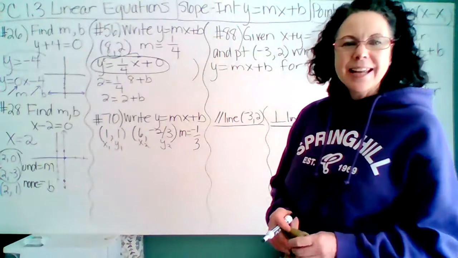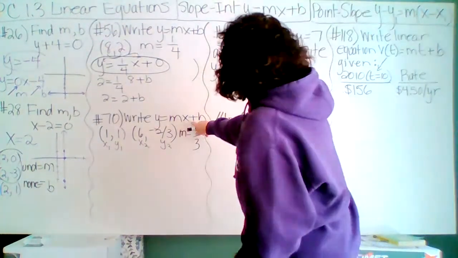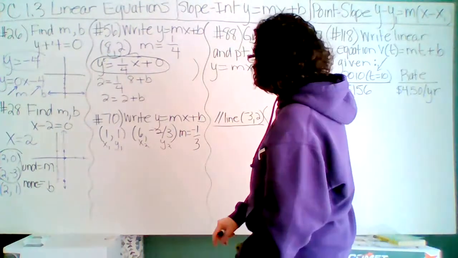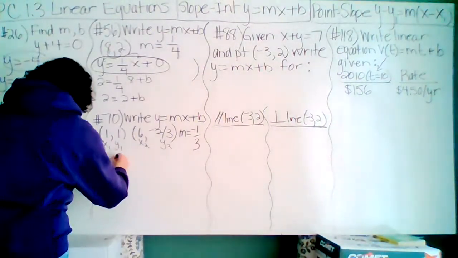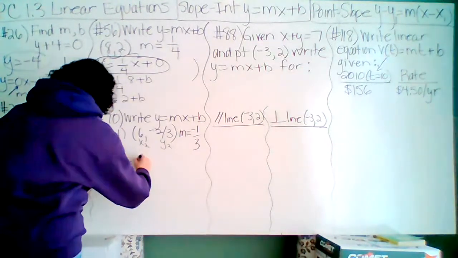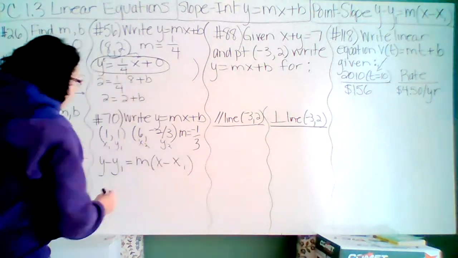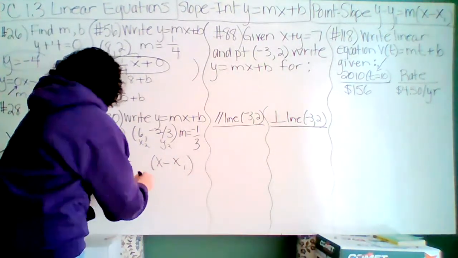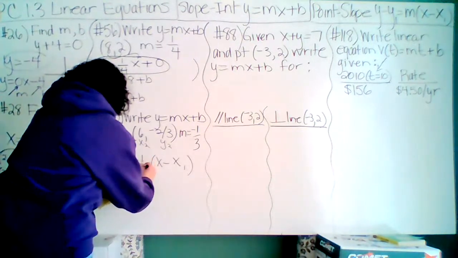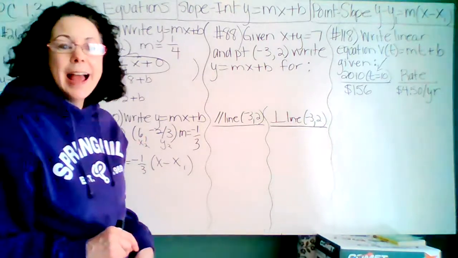Okay, let's take a look. Now they want y equals mx plus b form, but I'm going to use a point and a slope. So I'm going to write the point slope form. There we go. I'm going to put the slope in that I just found. And I have to put just one of these points in.